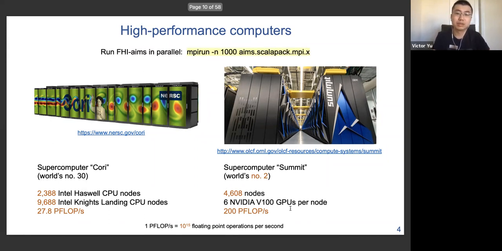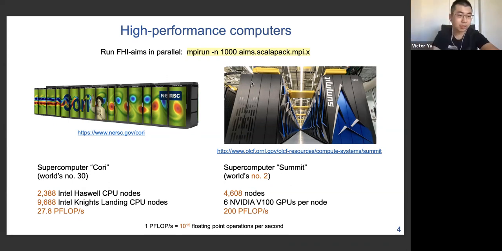To utilize these supercomputers, we launch FHI-aims in parallel, typically using a command like mpirun or something equivalent, and we launch thousands of MPI tasks in parallel.